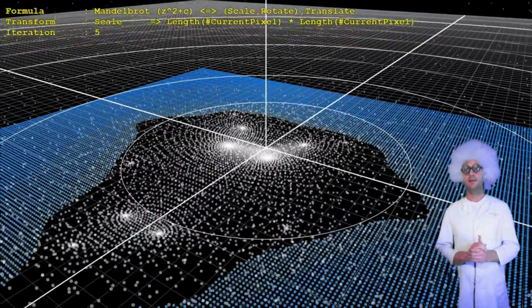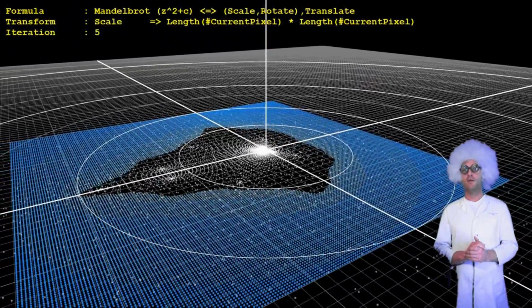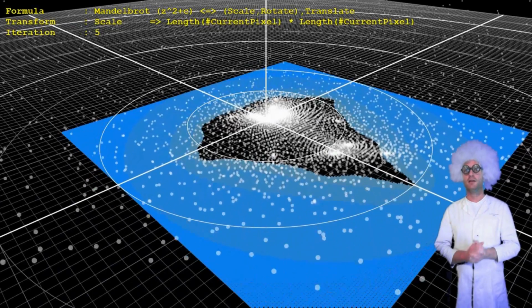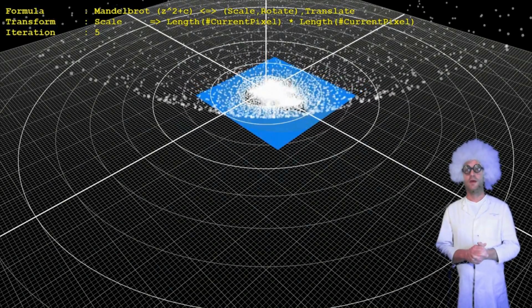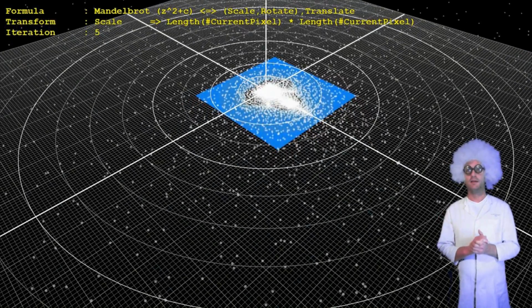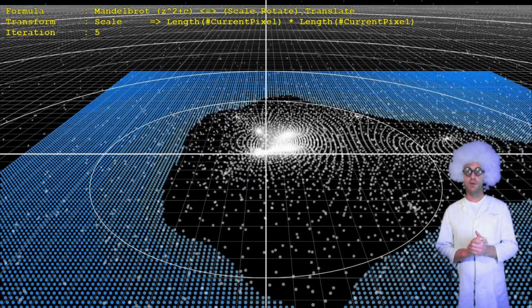The scaling is performed by squaring the distance to 0 of the individual points. Points inside the unit circle become dragged to the center. Points outside the unit circle move away from the center. The farther away, the faster the movement in an exponential relation.